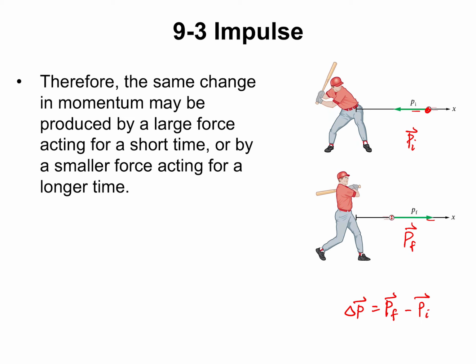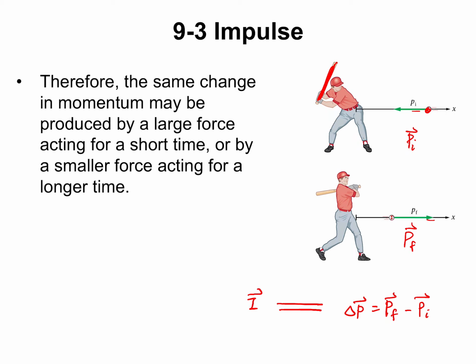Why did this baseball get a changing momentum? Because somebody gave it an impulse, and the impulse equals the changing momentum. Who gave the baseball impulse? This guy, using this bat. The bat provides a force, and there is an interaction time. Interaction time can be very small.